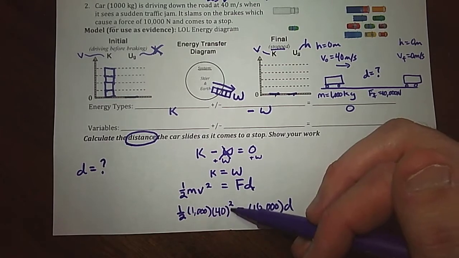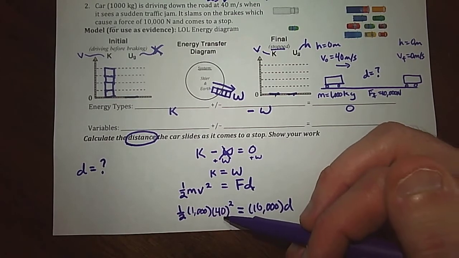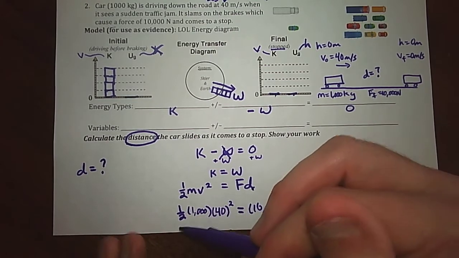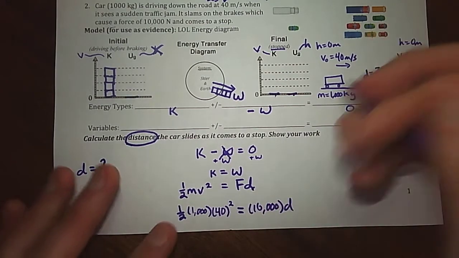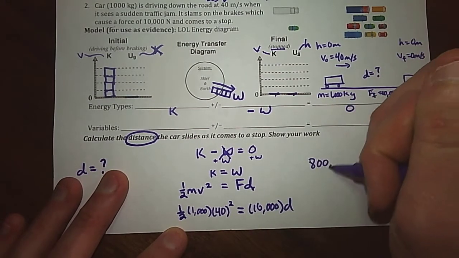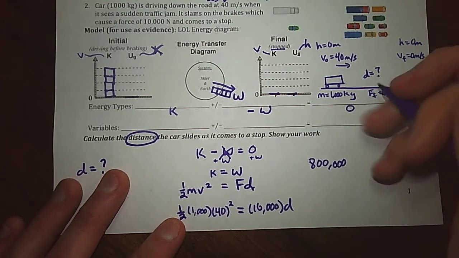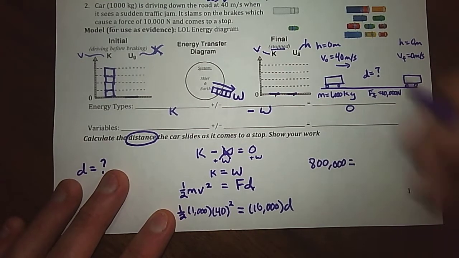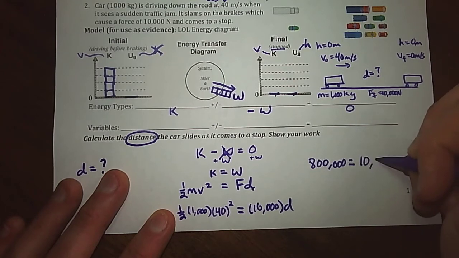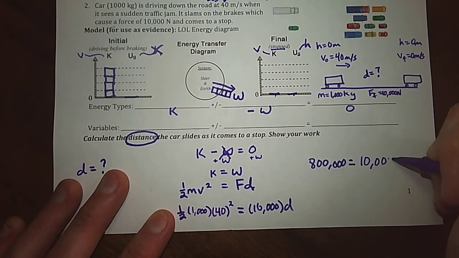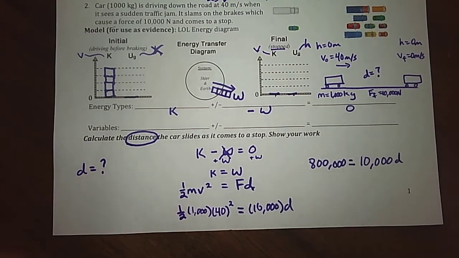Once I have that value, I multiply it by 1,000 and then by 1/2, and I get 80,000 for that number. That's equal to 10,000 times my distance.